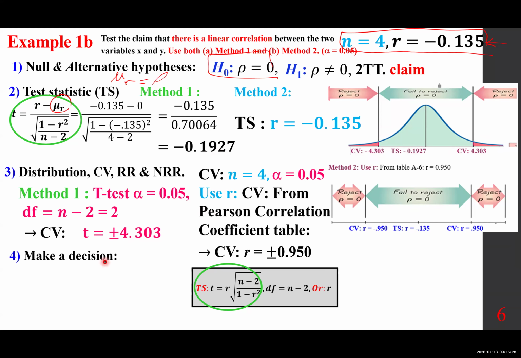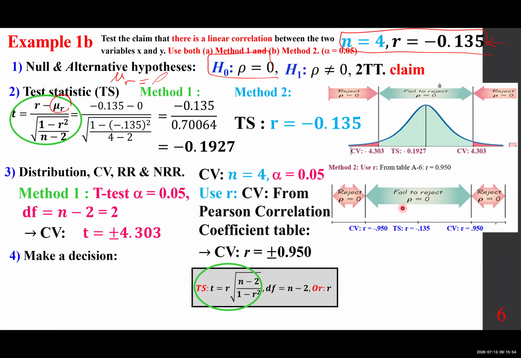fail to reject H0. Whereas here is the same thing. As you can see, rho, okay, is negative 0.950, R is negative 0.950 and positive 0.950, whereas the test statistic negative 0.135 is in between. In between is a non-rejection region.